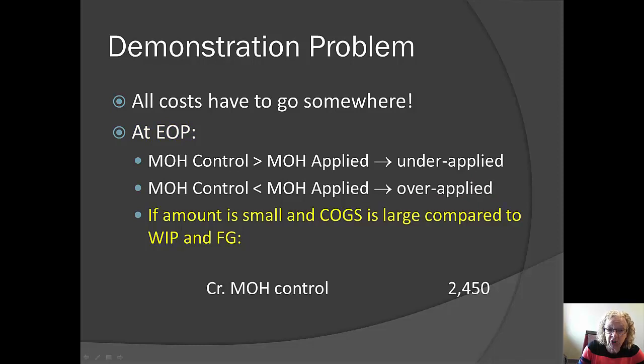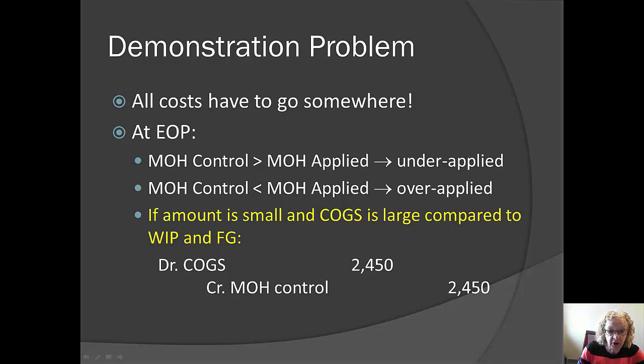Like this, we're going to credit manufacturing overhead control for the $2,450 and increase our cost of goods sold by the same amount. The effect of this journal entry is to bring the value of the manufacturing overhead control account to zero, and it increases our cost of goods sold by this extra amount of overhead that was not captured by our predetermined overhead rate.